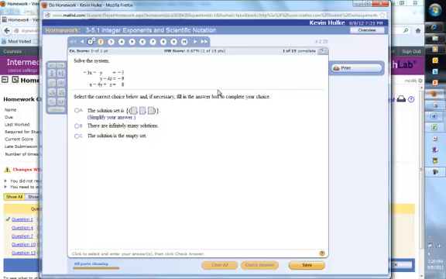Last row, 1 equals negative 4 equals 1 equals 8. And our x is 2. Our y is negative 1. And our z is 2.